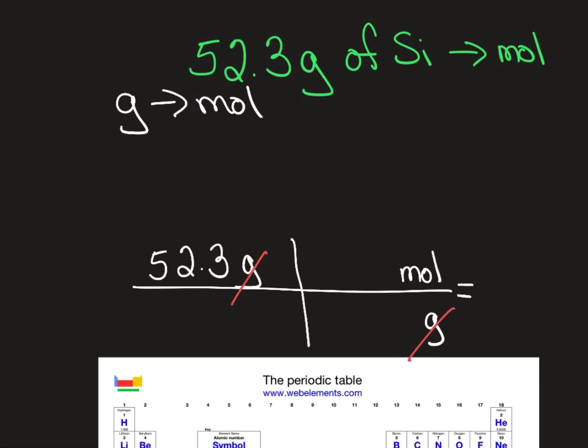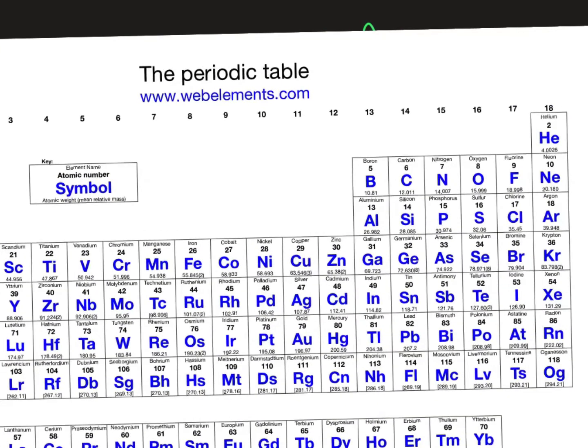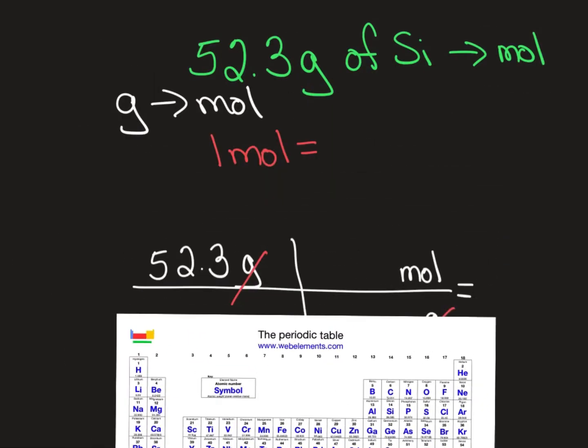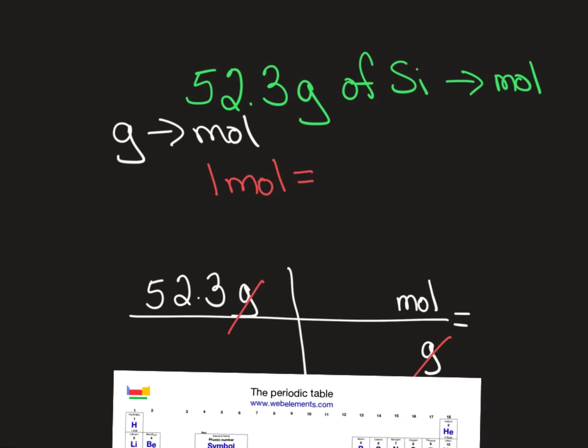All right, so we need the numbers that go here. So I need the molar mass of silicon. So 1 mole of silicon, and we just look at our periodic table. You bring that up. Silicon is 28.09. Let's use that. 28.09 grams.